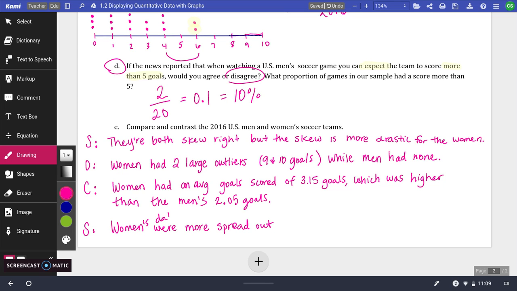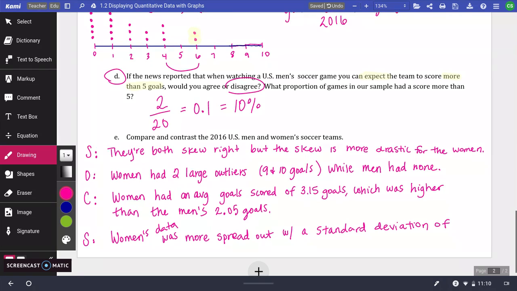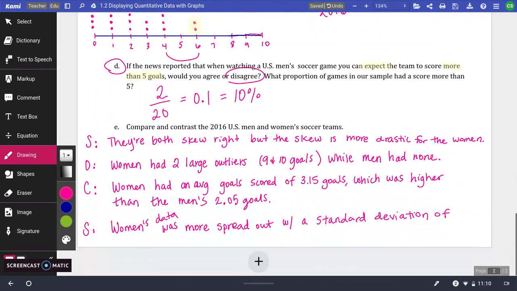Women's data was more spread out with a standard deviation, average deviation from the mean of, what was it? 2.58 goals, okay? So on average, differing 2.58 goals from the mean.